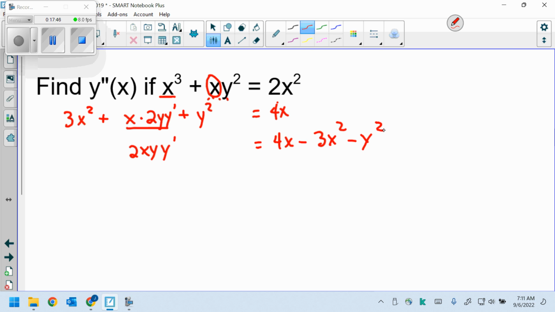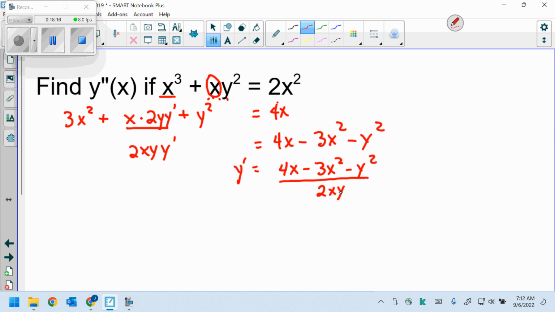And then there's no factor step because there's only a single y prime term. So y primed is equal to this 4x minus 3x squared minus y squared over 2xy. So there's y primed, and that wasn't too bad.